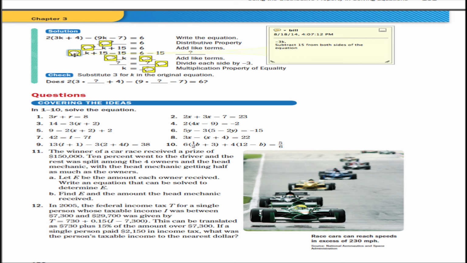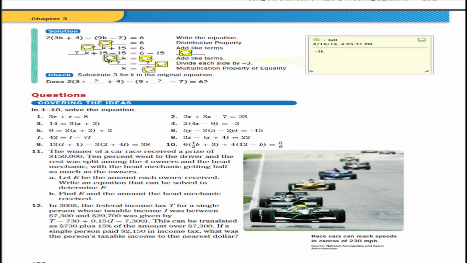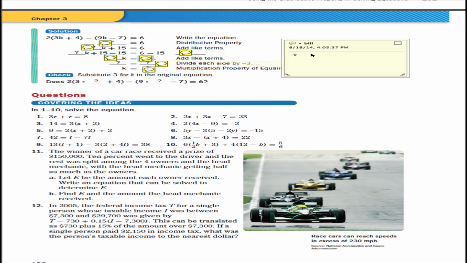And then the question is, what do we do to both sides? And that is subtract 15 from both sides of the equation. What do we get at that point? We get a negative 3k is equal to a negative 9, because 6 minus 15 is a negative 9.